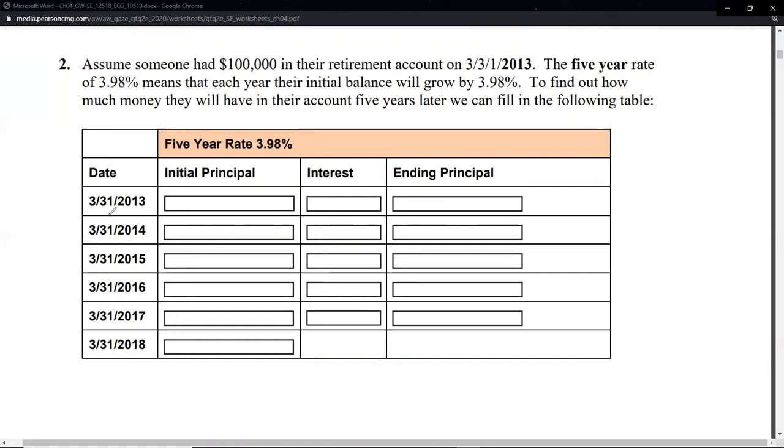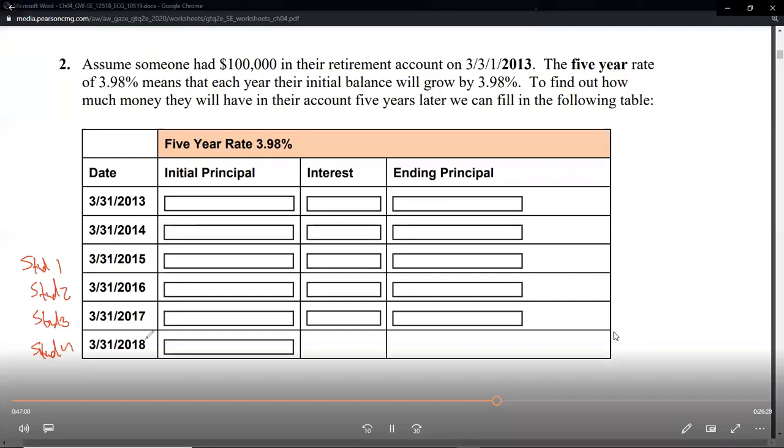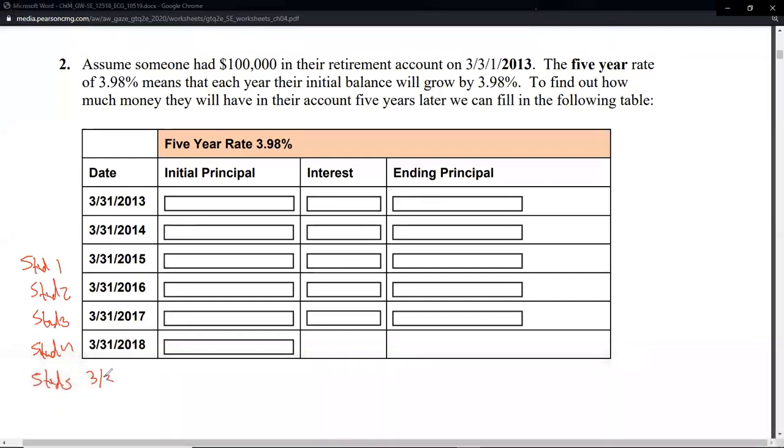And you'll go through and do, so student 1, student 2, student 3. Then student 4 comes in and does this one. And you go, well how's student 5 do anything? Come on, think. What are you going to do? You're going to do 2019. So student 5 will come in and do the March 31st, 2019 value.